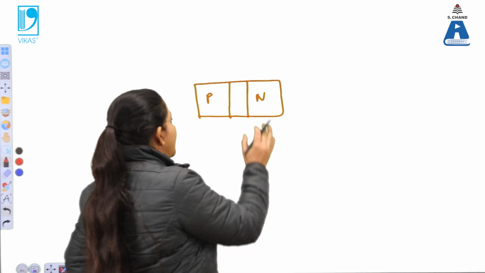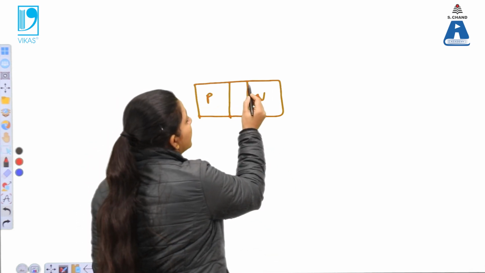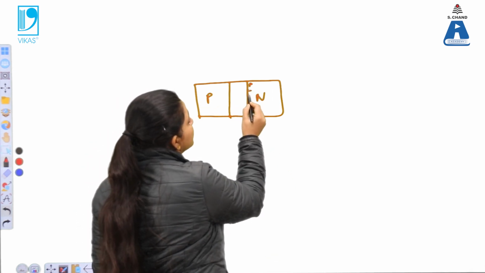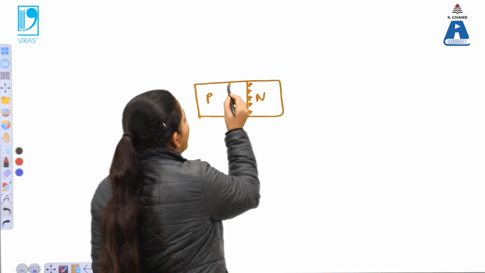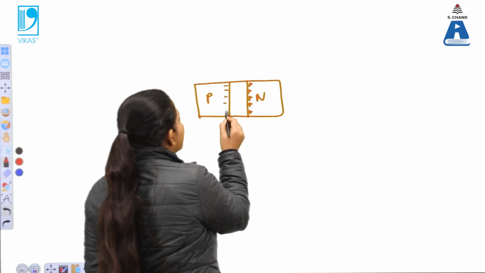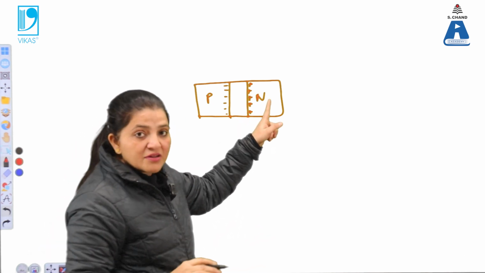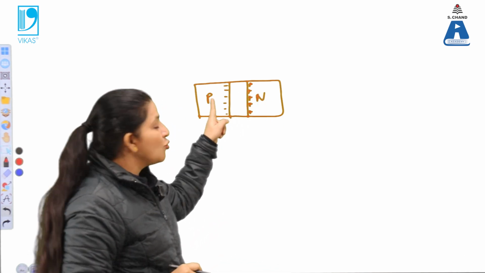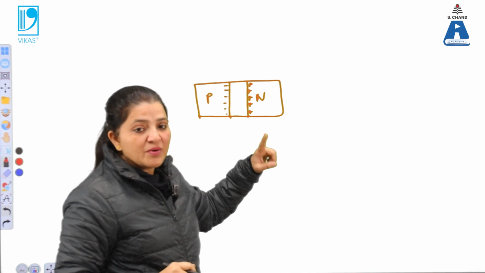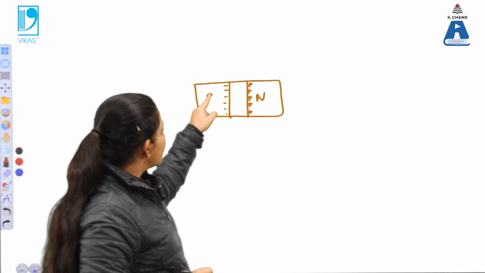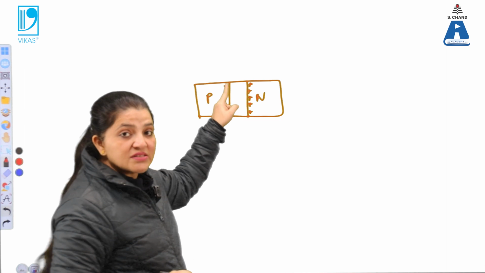Now when they are neutralized at the boundary, on this side the positive charge is developed and here the negative charge is developed. Now if we want further electrons to jump from n to p, that will not happen, because a negative charge is developed at this end.